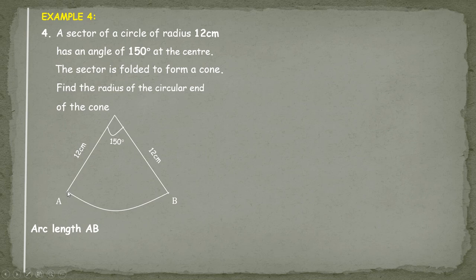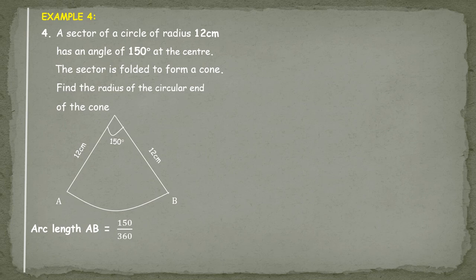Once you fold this sector, the length of this arc AB will now be the circumference of the circular end of the cone, and that is the principle that we are going to use.